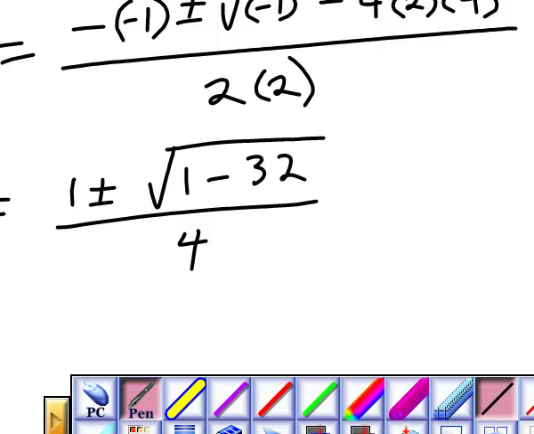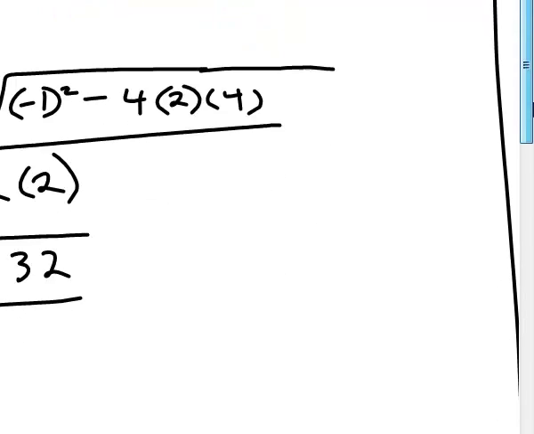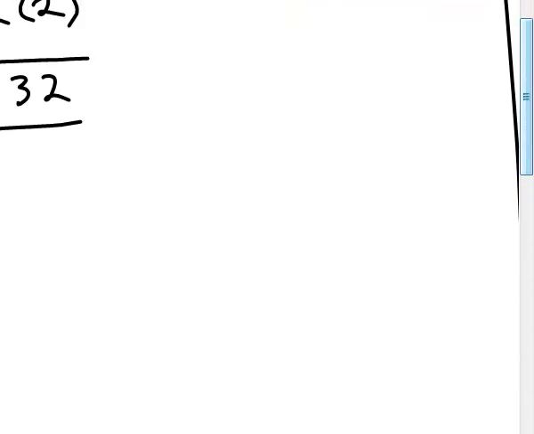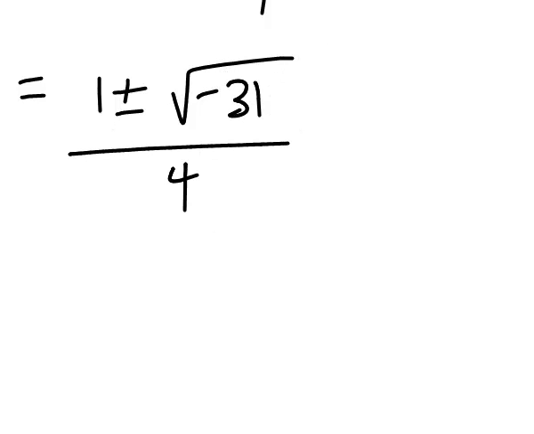All right, well, it looks like we got a problem, right? What's our problem? So that means we got to do what here? We got 1 plus or minus the square root of negative 31 over 4.